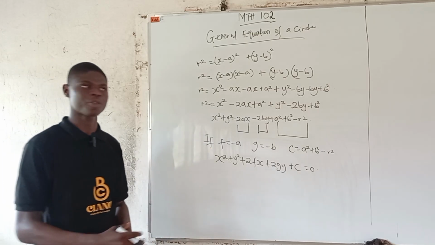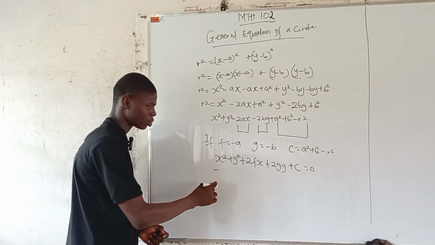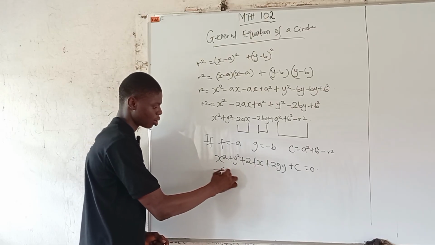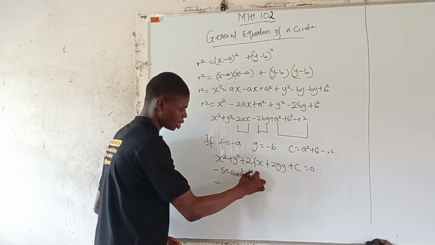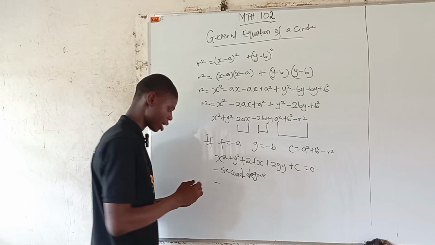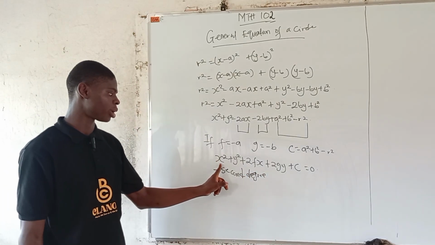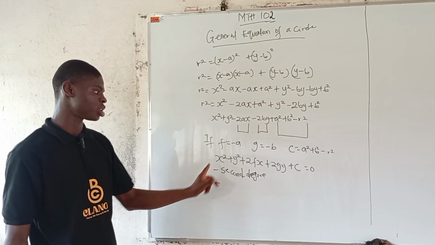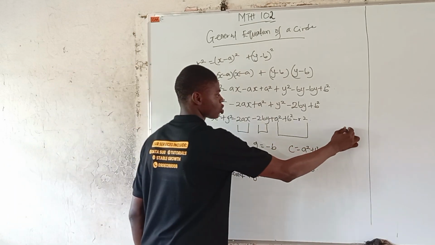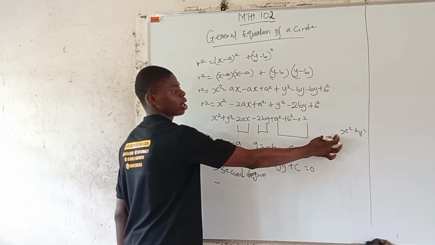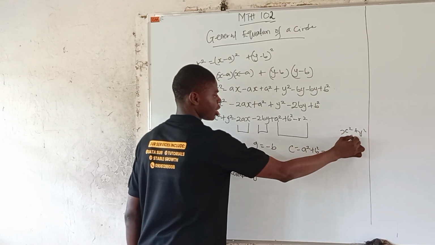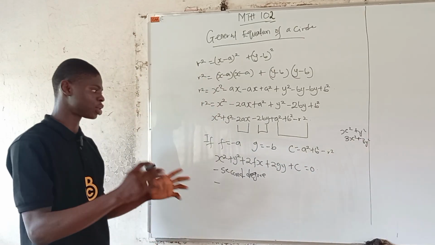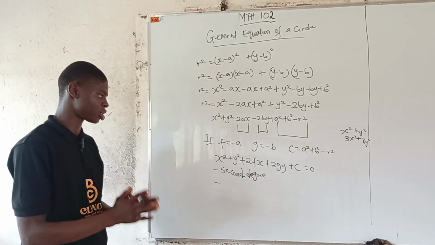Now, first thing we want to take note of is three major things about this equation. The equation of a circle is always of second degree, and the x component must be the same as that of the y component, meaning their coefficients must always be the same. If you have x squared plus y squared, the coefficient here is 1, the coefficient here is also 1, it must be the same. If you have 3x squared plus 3y squared, they must also be the same. These are ways, once you see an equation, to know that this is an equation of a circle.